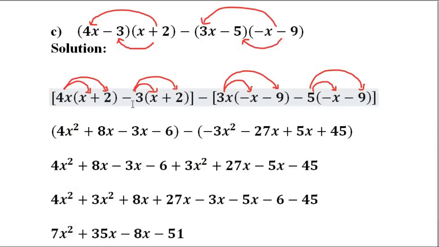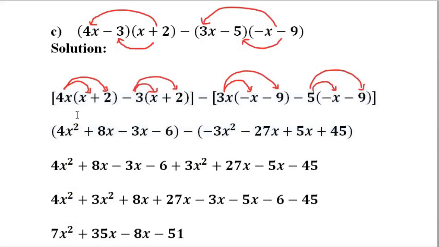And then we can distribute the negative 3 to the positive x and to the positive 2. Next, I will distribute positive 3x to the negative x and to the negative 9. And then we can distribute negative 5 to the negative x and to the negative 9.